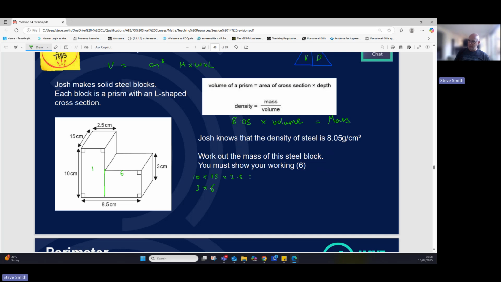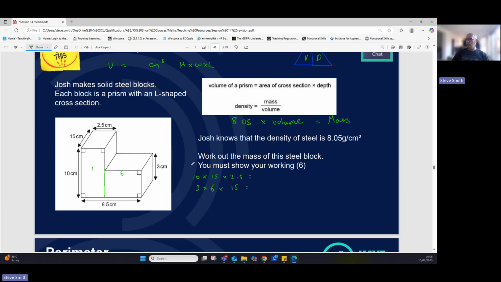So we know we're going to times it by 6. Then we've got one to work out here. It's not written on there, but we already know how long that bit is because we wrote it here. Looking around the shape, it's actually 15. So we've only had to find out one spare measurement.